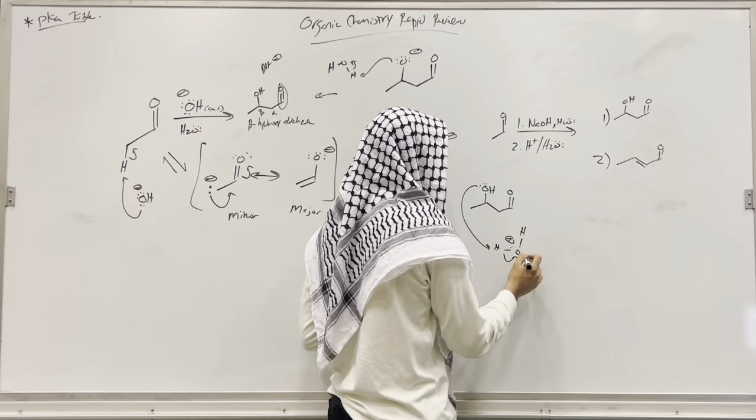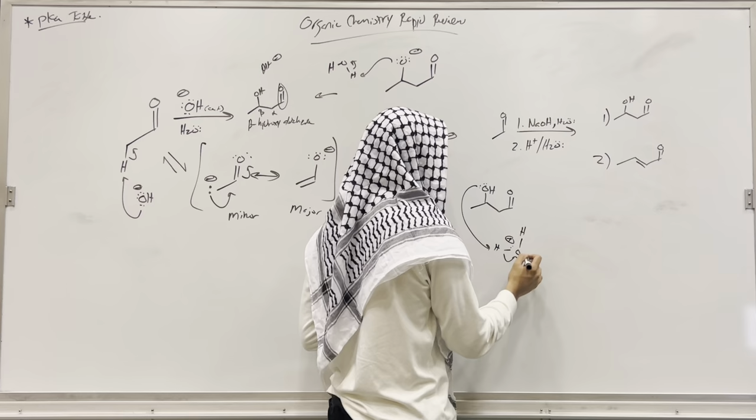And now the final step. The solvent is water. So the water is going to get deprotonated by this, and that's going to form OH and OH minus. And since we reform the OH minus, that is a base catalyzed reaction. Makes sense, right?